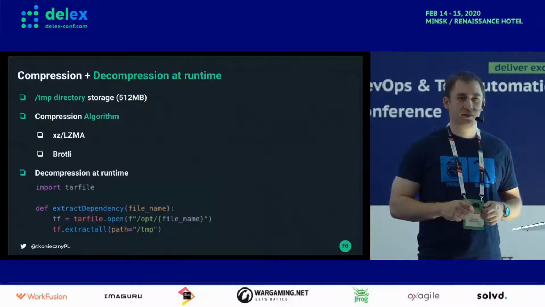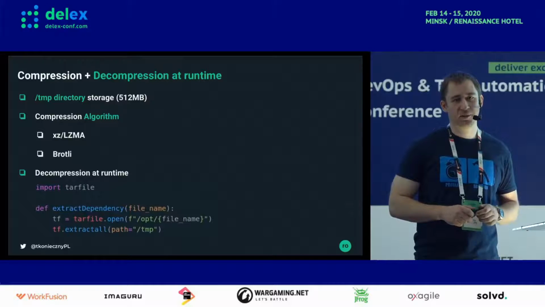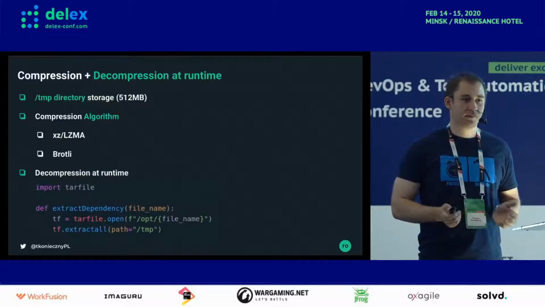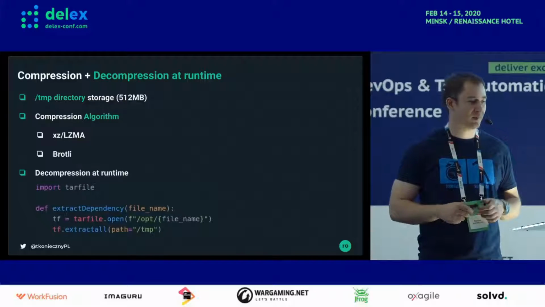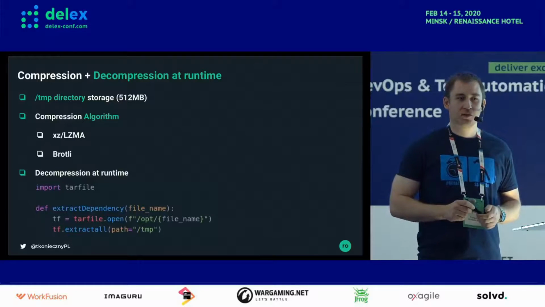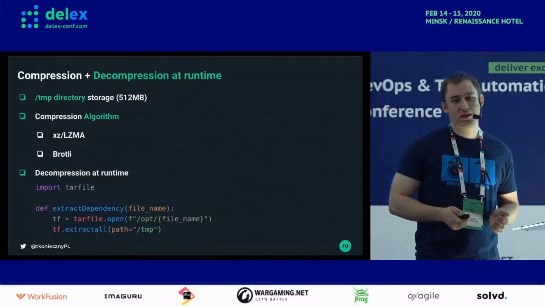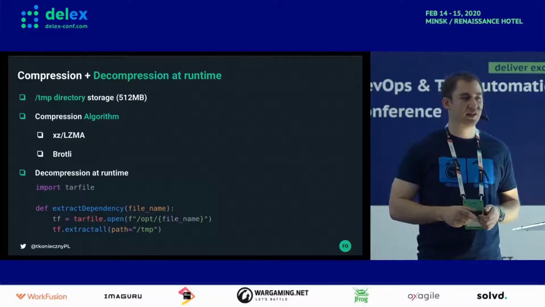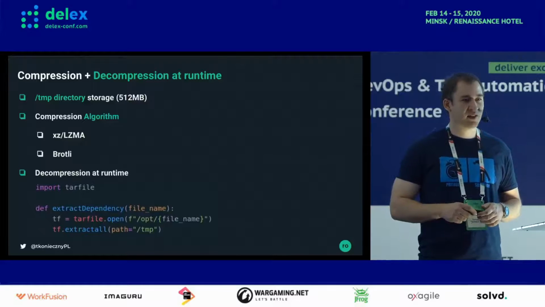We have a TMP directory where we can store up to 512 megs of content. So we can extract this compressed binary to this directory to be able to use it as in other cases. But because it will be executed every time we run our function, or at least it may be executed every time, we have to choose our compression algorithm wisely.